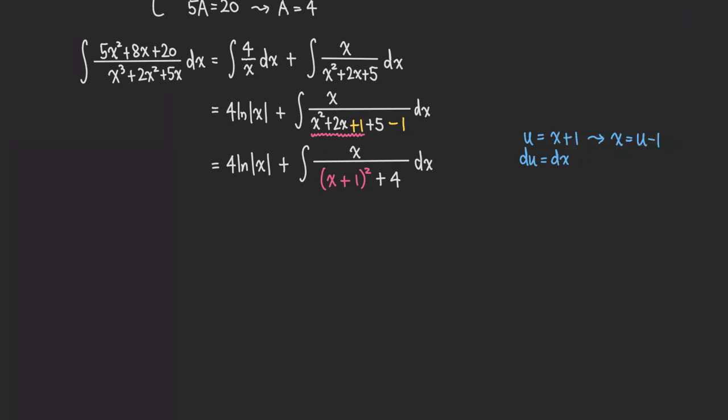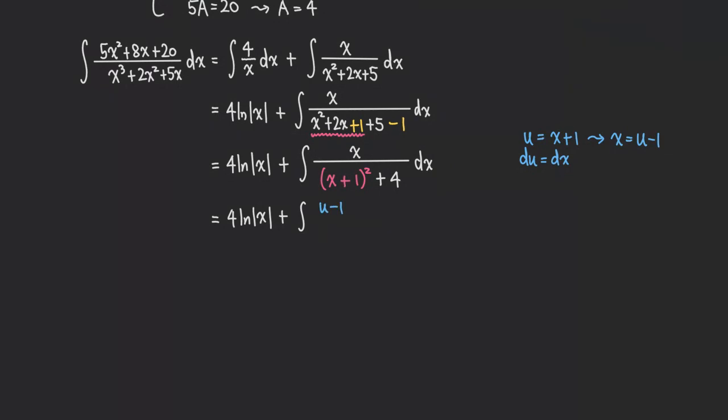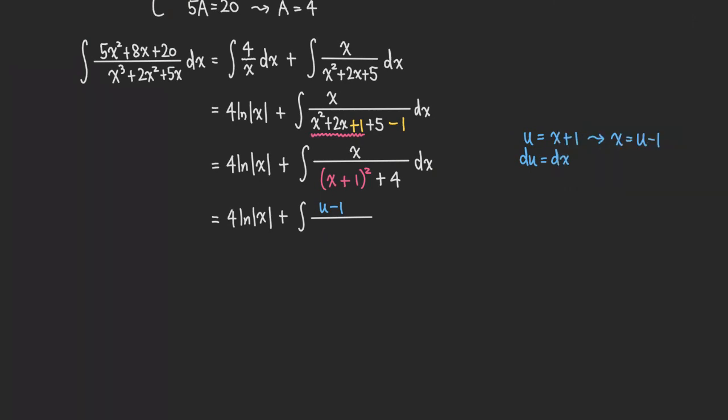So continuing with the problem, we get 4 ln of absolute value of x plus, okay, so the integral becomes: we have the u minus 1 at the top, and then at the bottom we are going to be getting u, right?